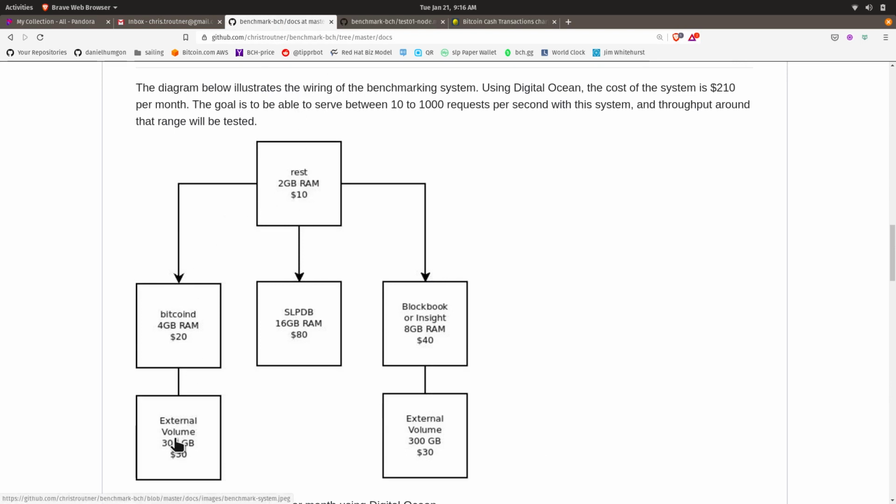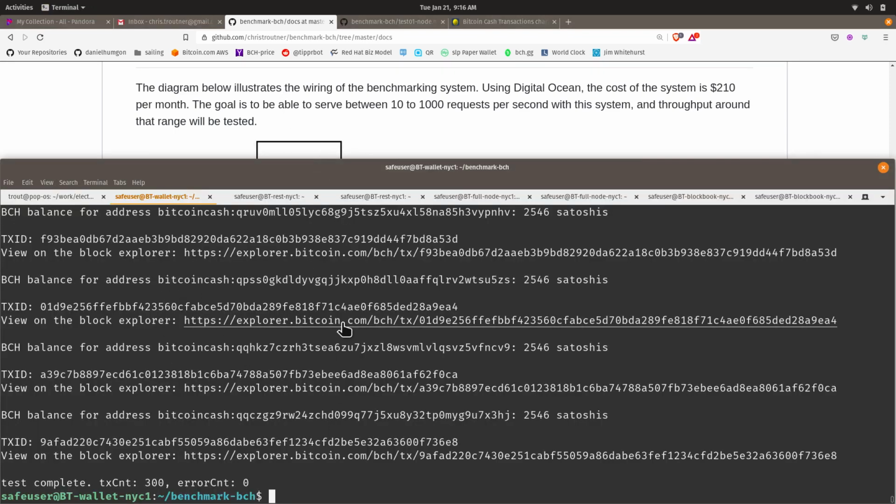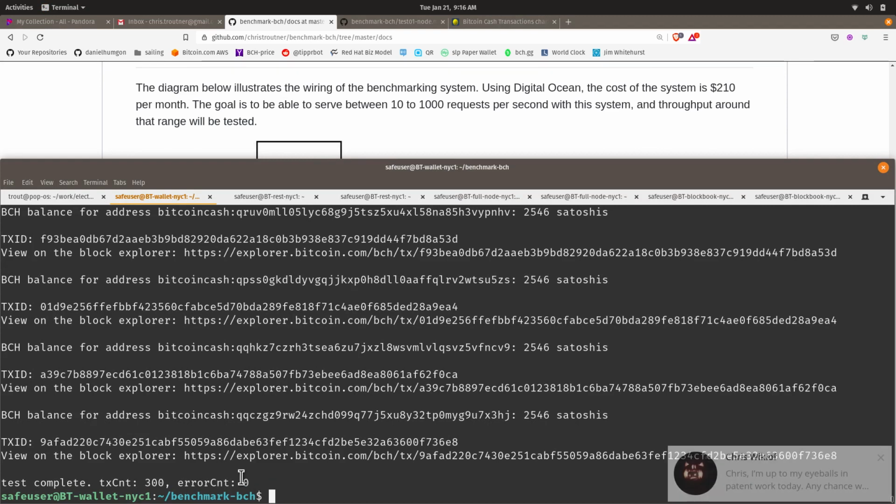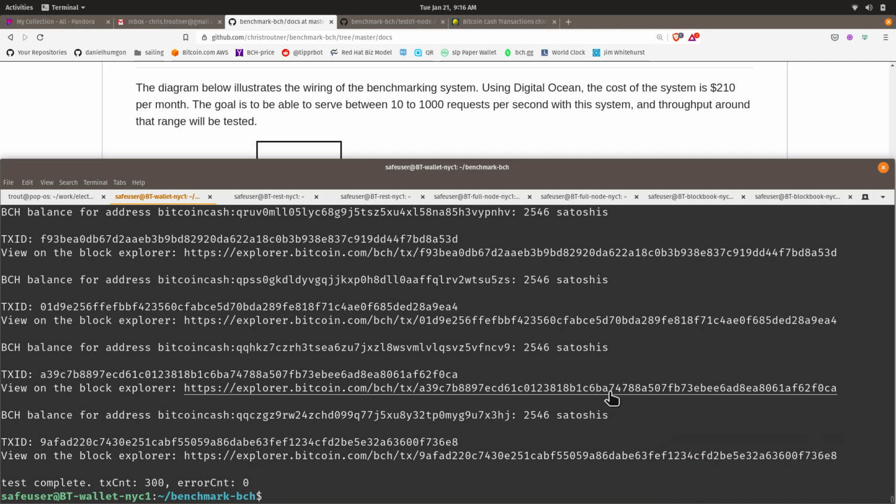And so if the full node or the indexer had a problem or thrown an error, it would have come back up and we would have seen something here, and we would have gotten an increase in the error count. So yeah, that's a successful test.